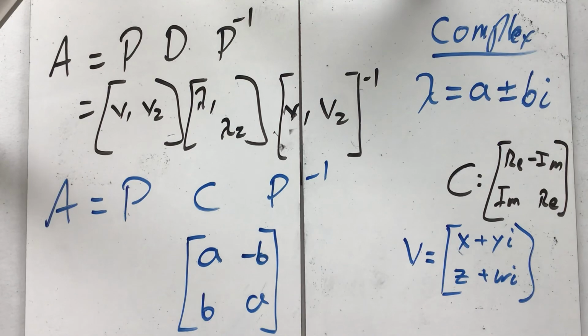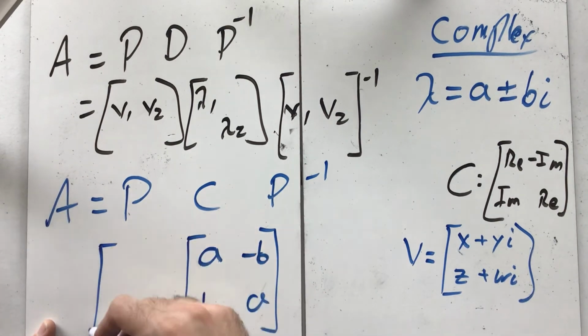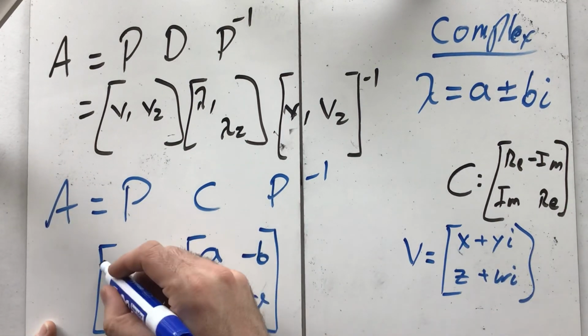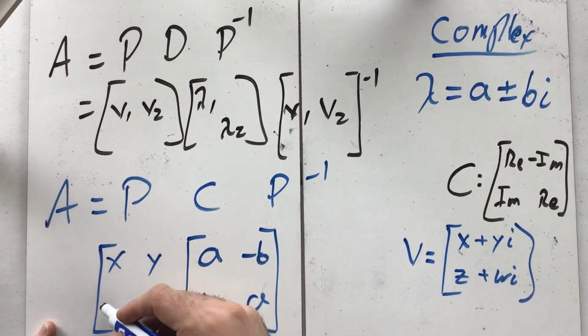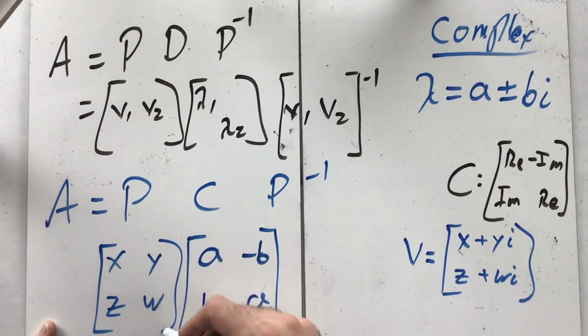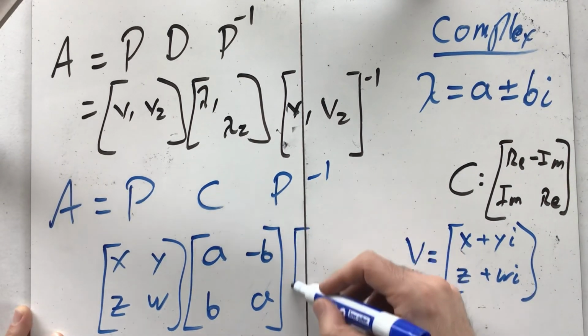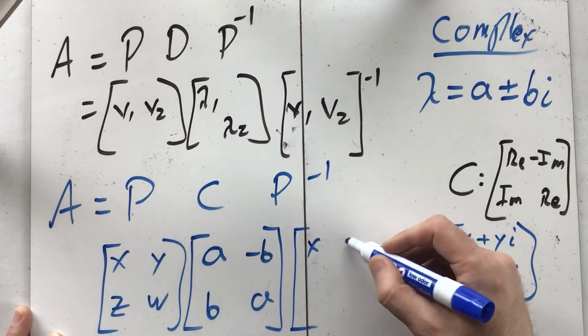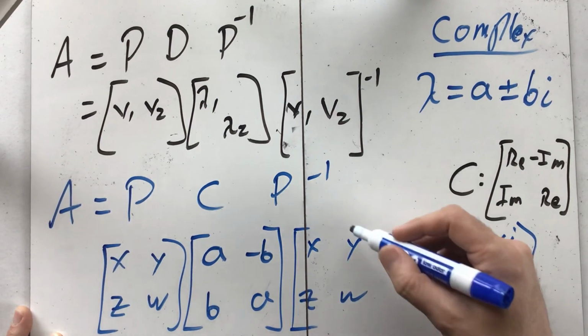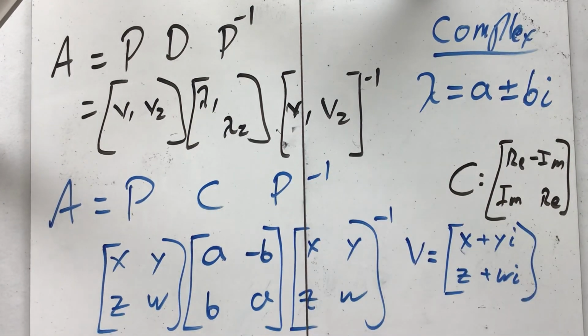And so for this P vector, we're just going to take the real and imaginary parts and write them as x, y, z, and w. And then we'll have the exact same thing over here, with that x and that y and that z and that w, and we'll have the inverse. So we take just any one of our eigenvectors and then we write it out in our matrix.